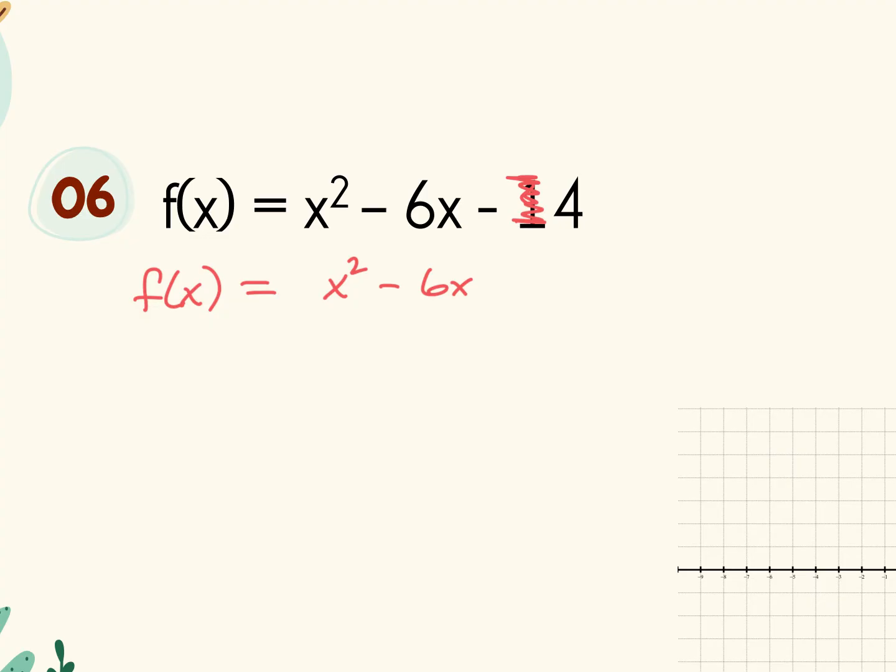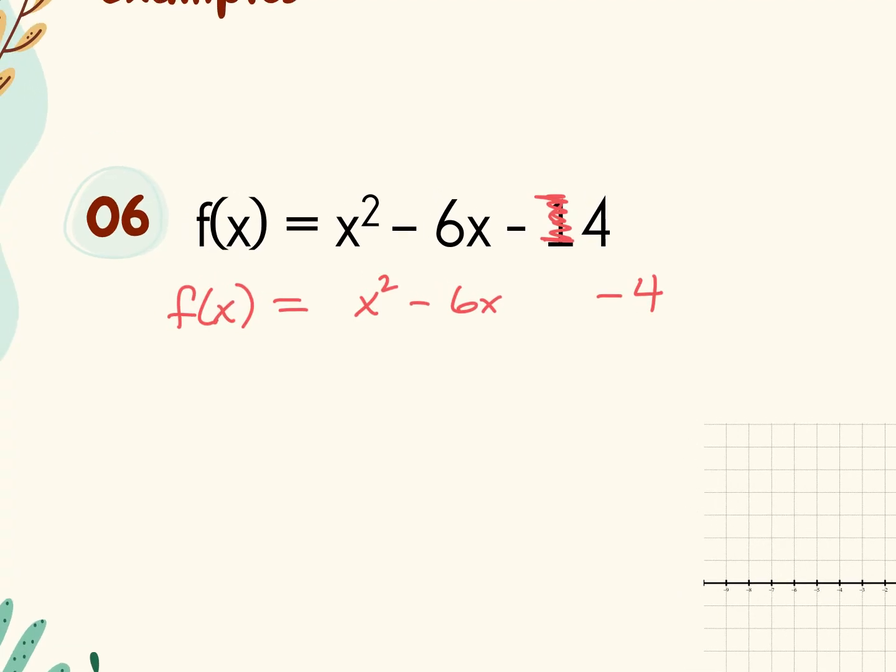Okay, so what we're going to do here is leave a blank space and move the 4 over. Now, same thing that you did before: you're going to take your b term, divide it by 2, and square it. So negative 3 squared, and I get 9.